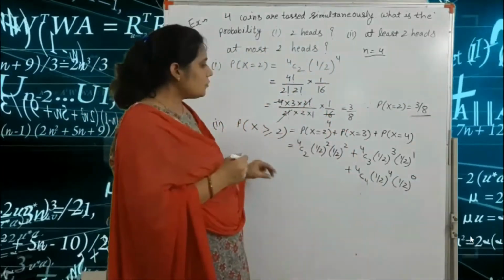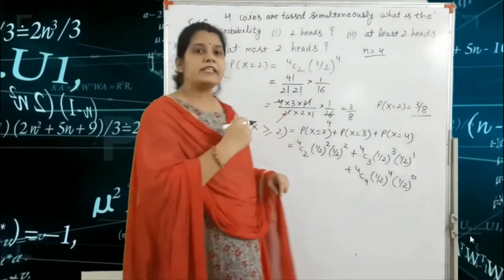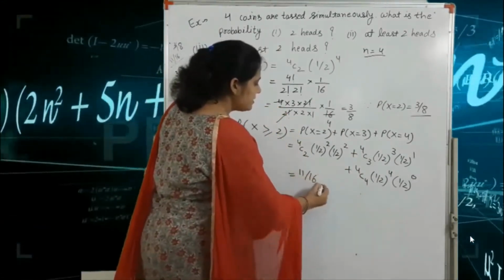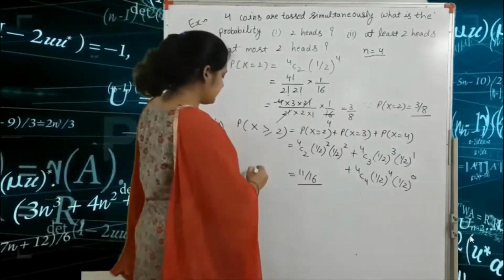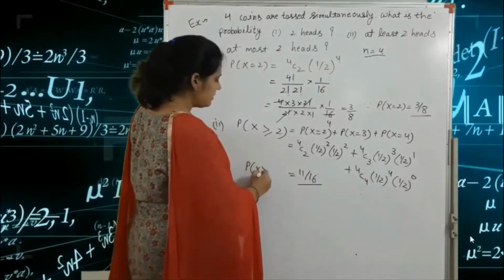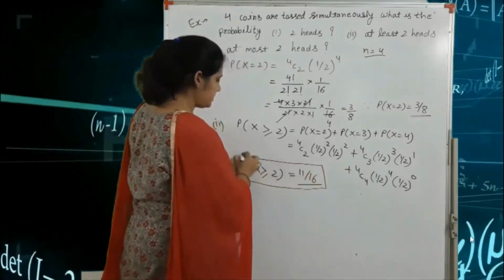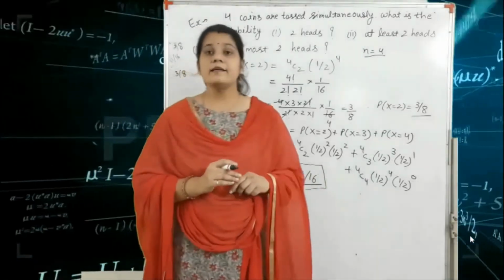Okay, so solve these three steps and we get our answer, 11/16. That means P(x ≥ 2), the probability is 11/16.